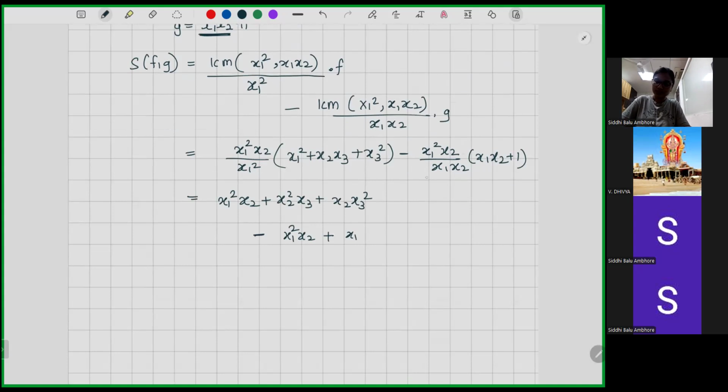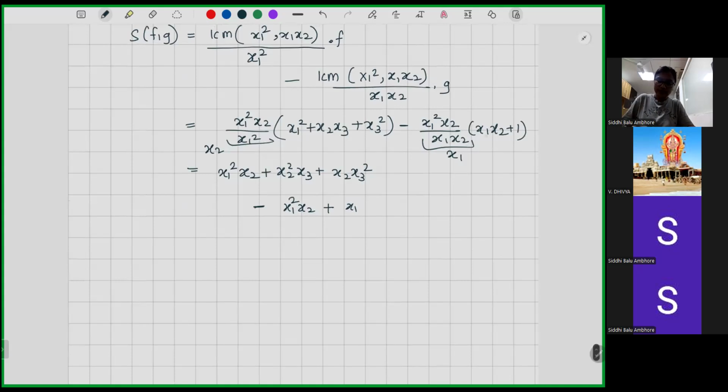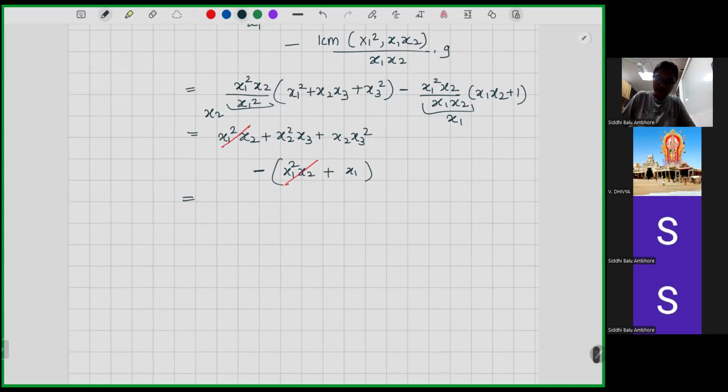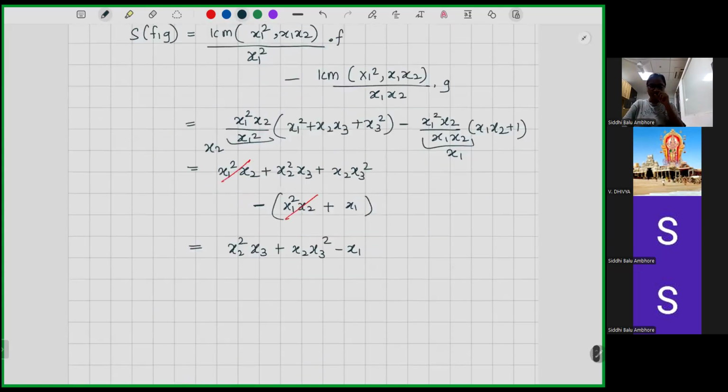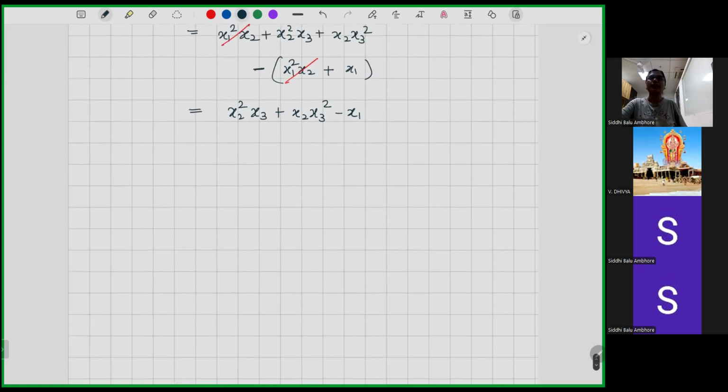Yes, this term is x1 and here this term is x2. So I get this and these first terms get cancelled and I am left with x2 square x3 plus x2 x3 square minus x1. So under graded reverse lexicographic order, this is the S pair.